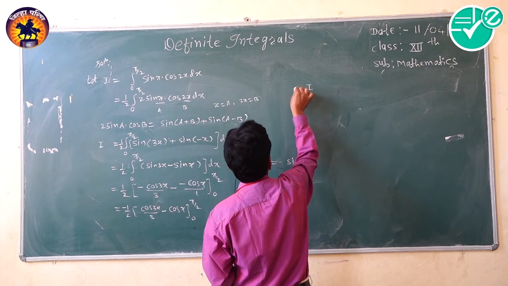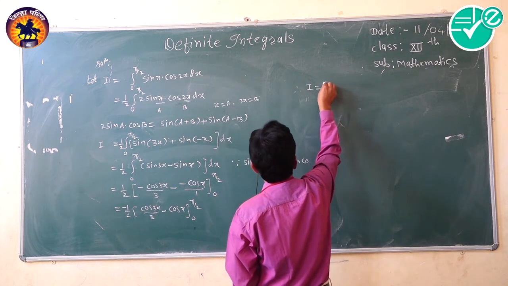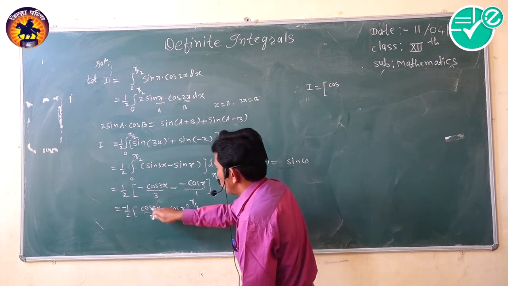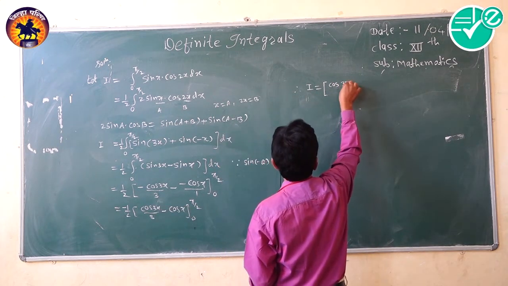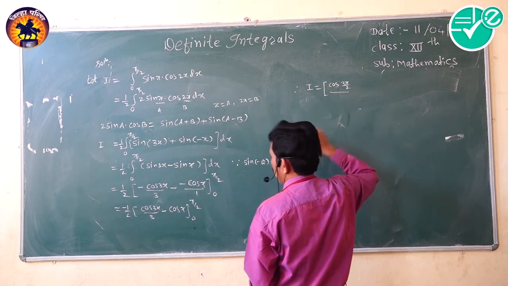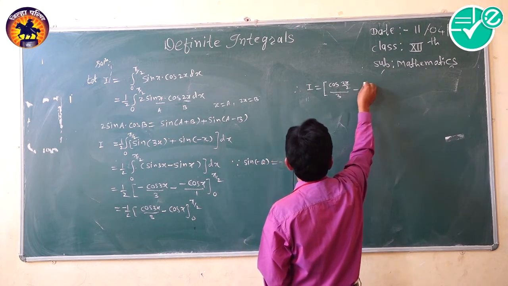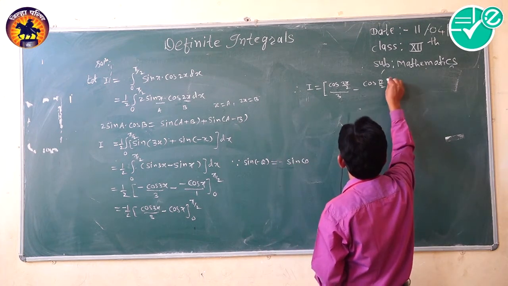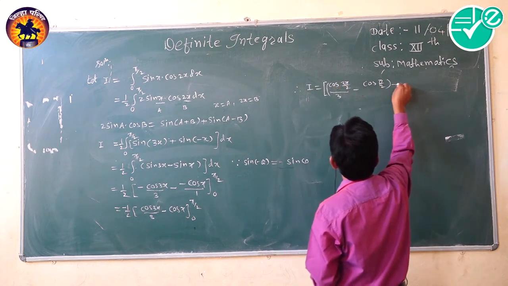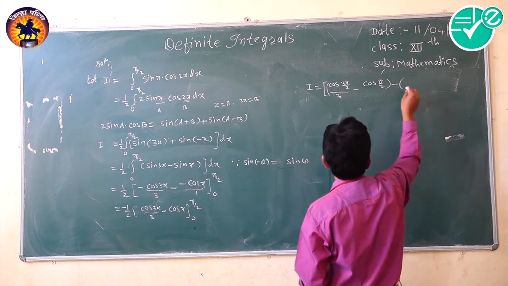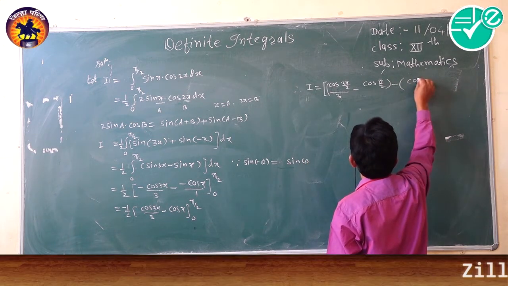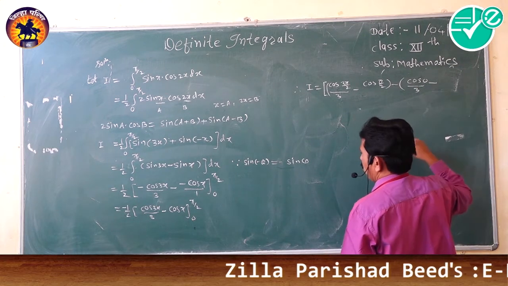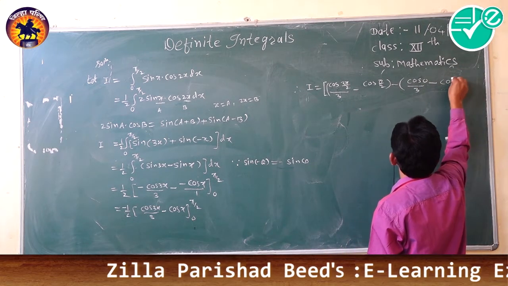Therefore I becomes, at x is equals to pi by 2, cos 3 pi by 2 upon 3 minus cos pi by 2. Substituting lower limit, minus cos 0 upon 3 minus cos 0.